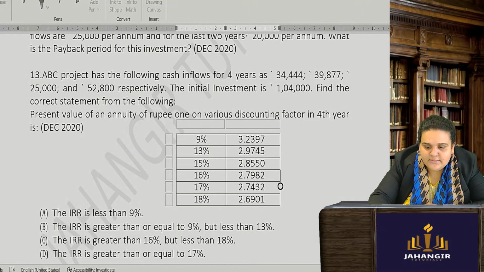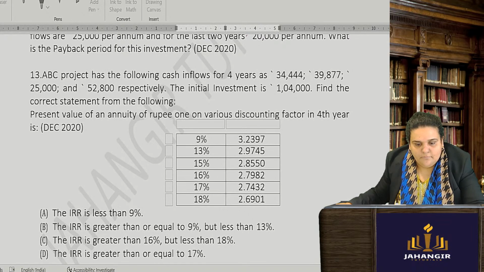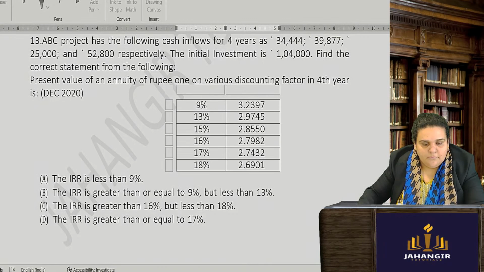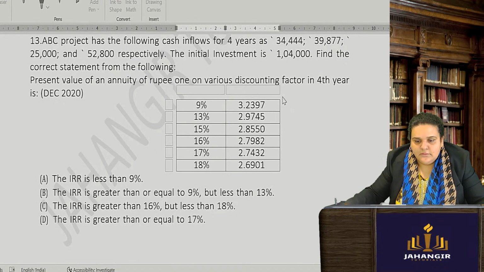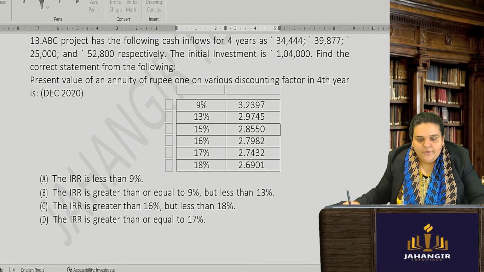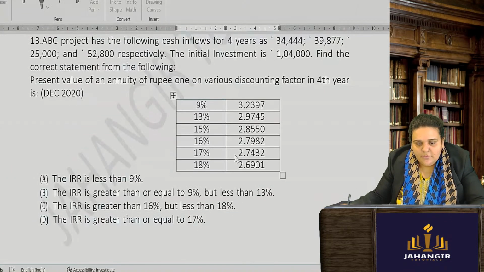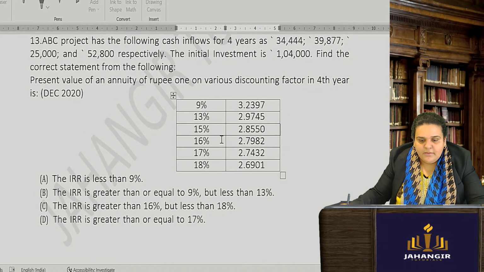So what I am doing here is starting with the PV factor. They have given me 16%, 17%, 18%, 15%, 13%, 9%.